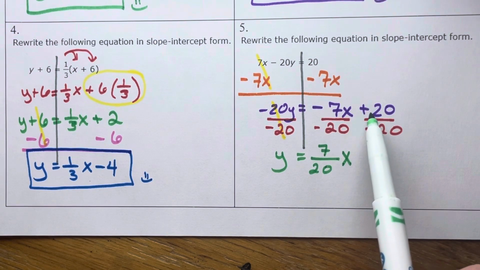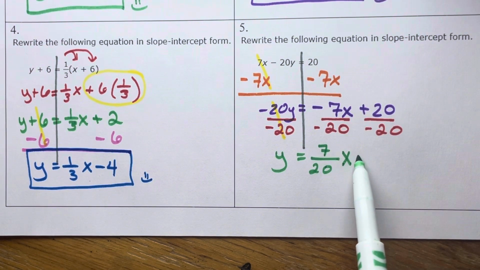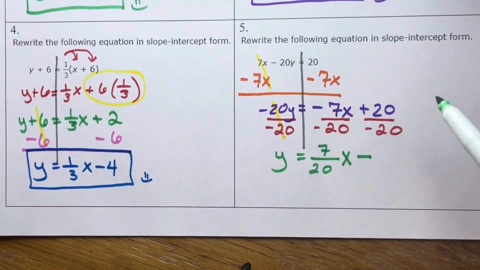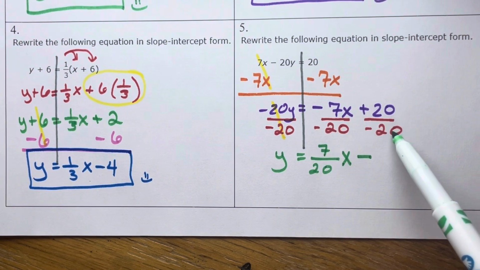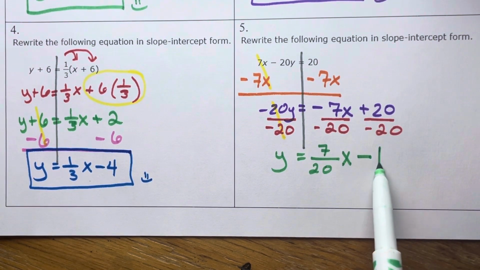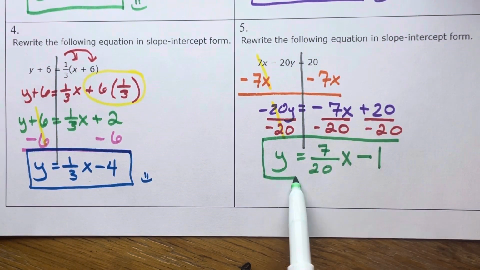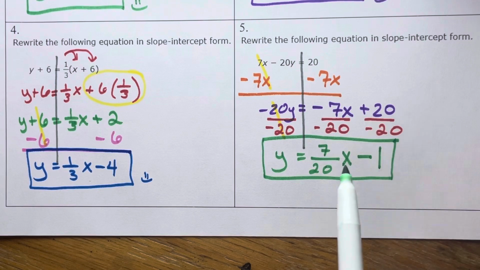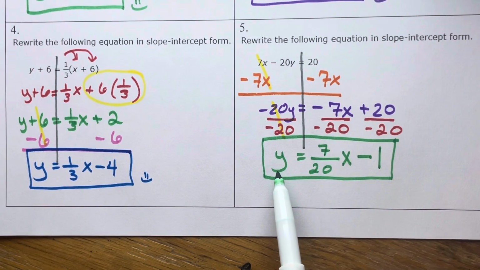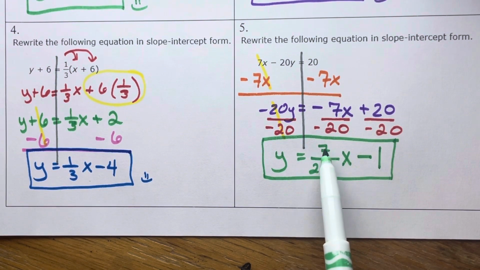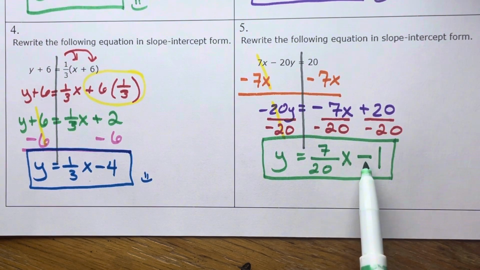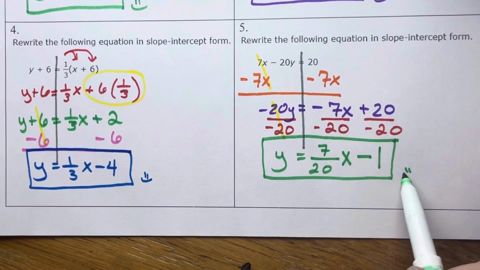And then a positive divided by a negative is a negative. And as the case would be, 20 divided by 20 happens to be 1. Here we are, finally at the end of our equation being brought into slope-intercept form, where y equals 7/20 x minus 1. And there you go.